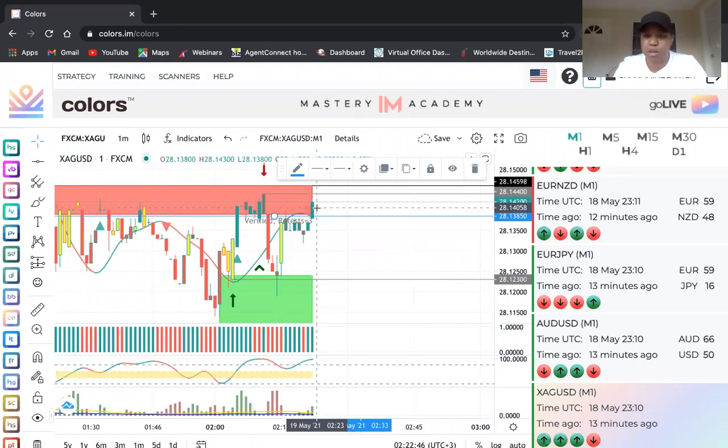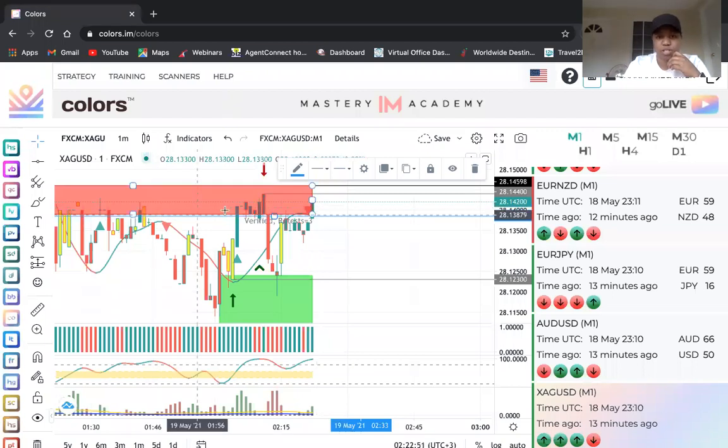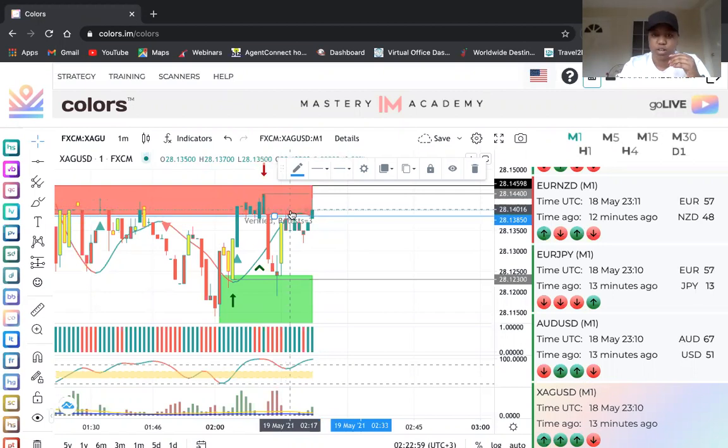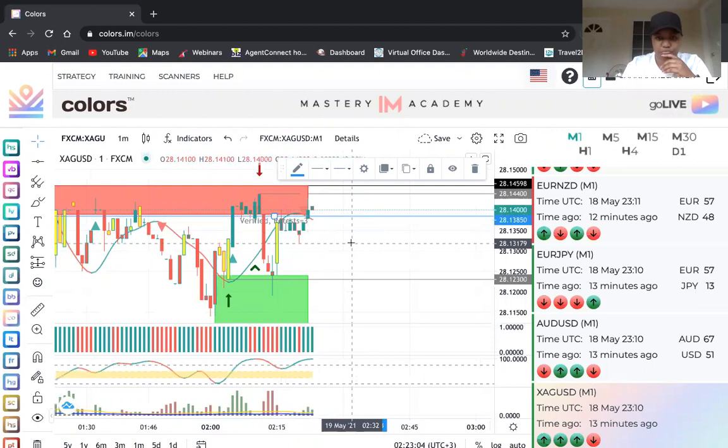It doesn't have to be in the box, guys. So the candle can be below the box as well, or it can be on the box, or it's probably hanging out in the box or with the box. So as you can see, it's rejecting this area. We have a next candle with a red outline.